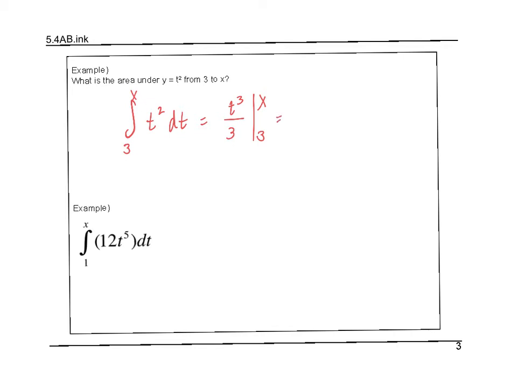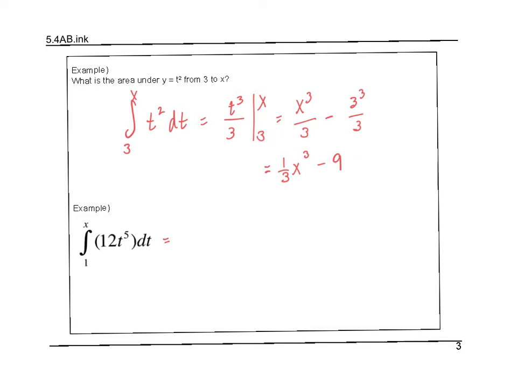Then when we evaluate with the upper limit, x cubed over 3, minus the lower limit, 3 cubed over 3, we would write this as 1/3 x cubed minus 9. So now the antiderivative of the answer is still written as a function, as opposed to a value.